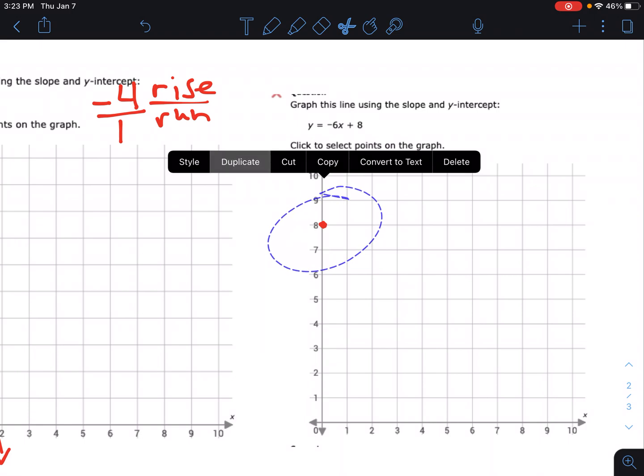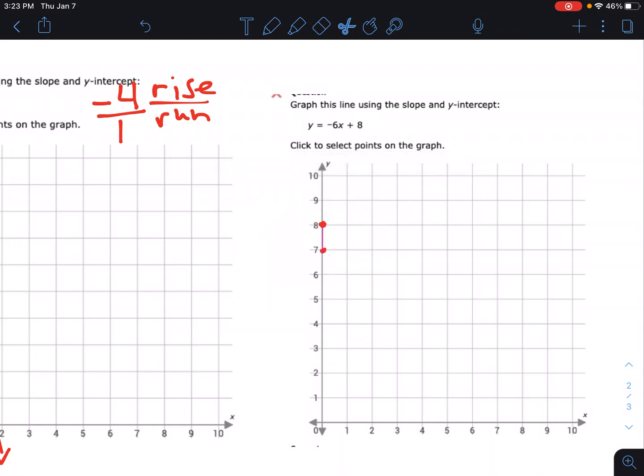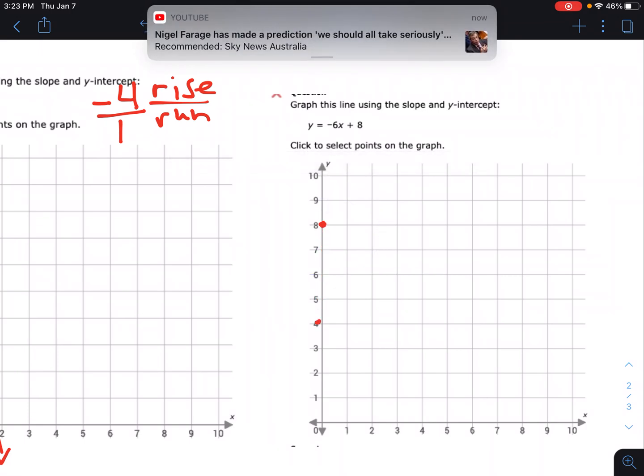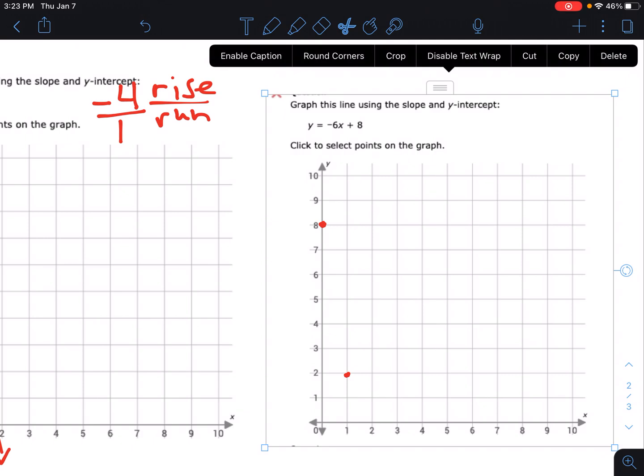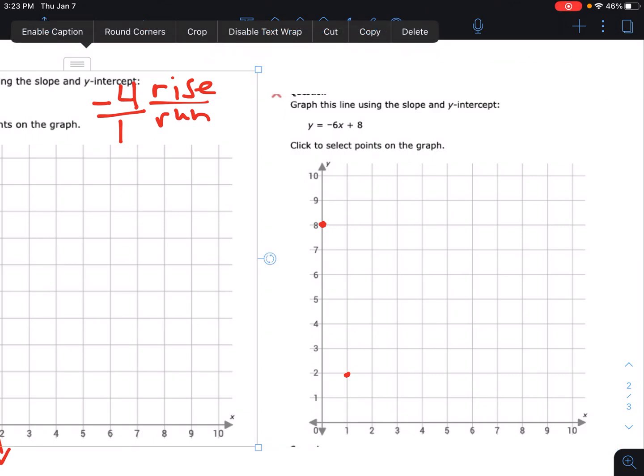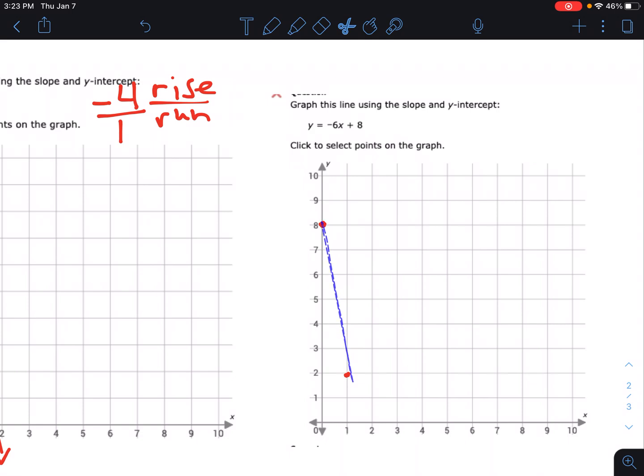So I'm going to make it negative 6 over 1. So 1, 2, 3, 4, 5, 6 over 1. And there's my next point. Again, it's negative. It's going downhill. So it should be going downhill when I graph it, and that would be it.